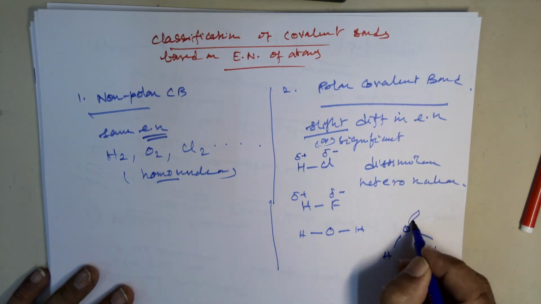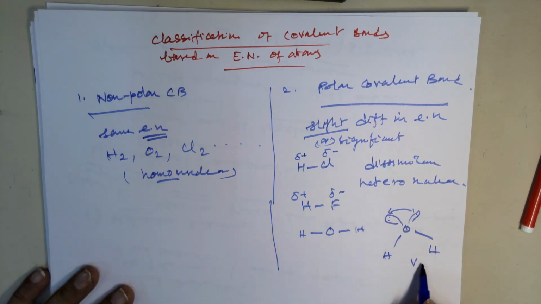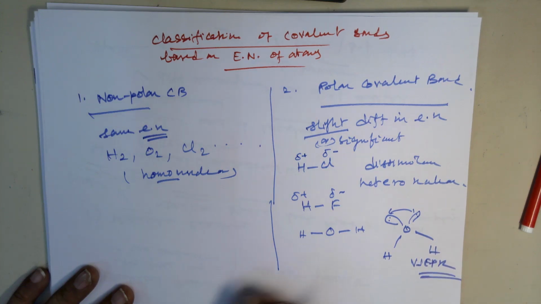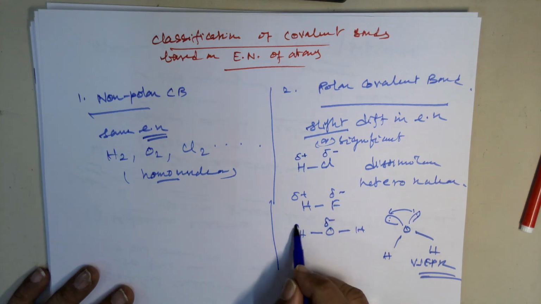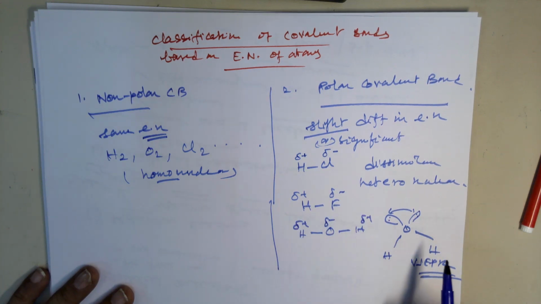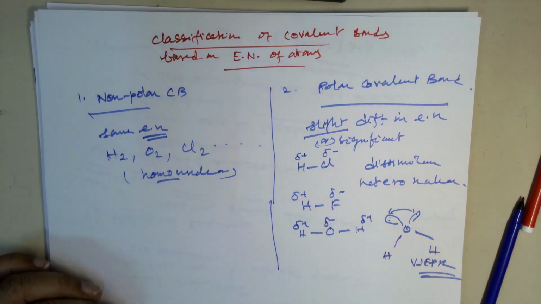That is because of the repulsion between the two lone pairs, according to VSEPR. But let us assume, in this case, here it is more negative and these are positive. That is why these are all polar covalent bonds.